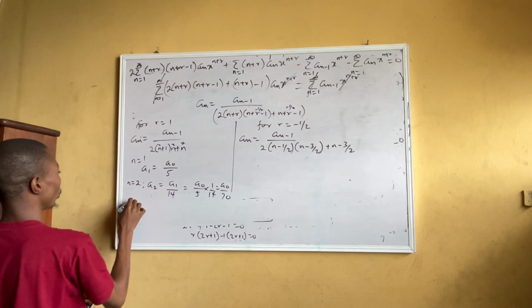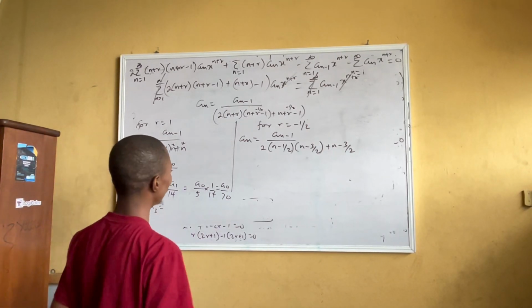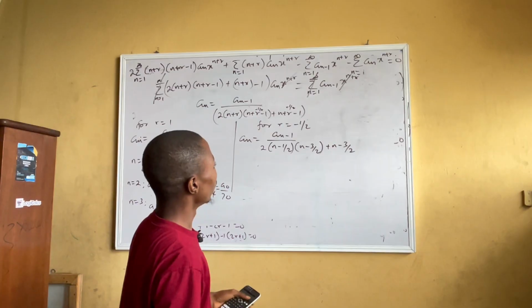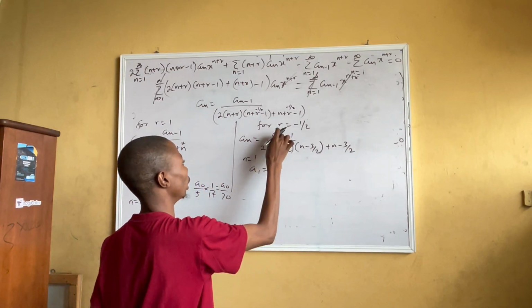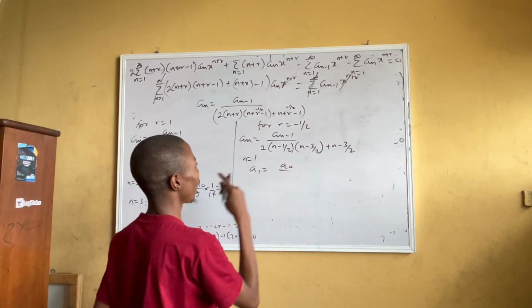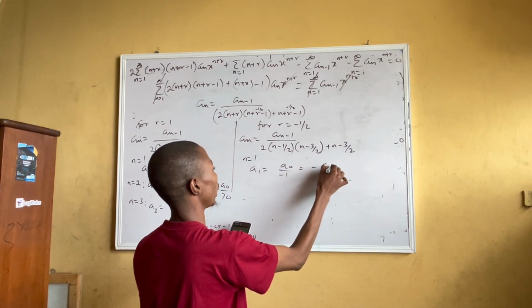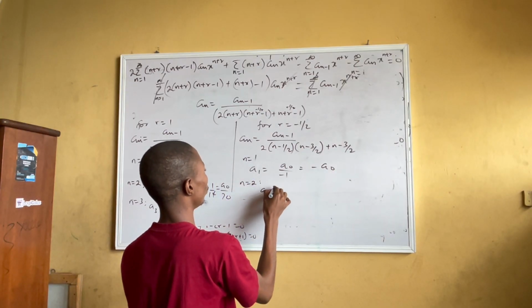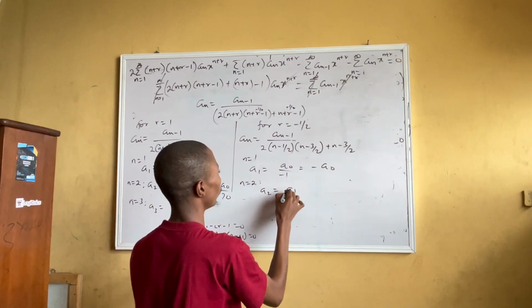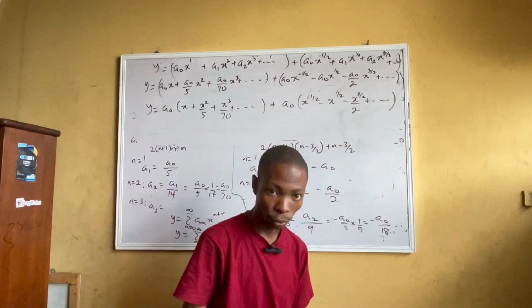You can do it for n equals 3. That would be a3 equals, well, you two should do that one. Press the calculator, you get it. Now, start for n equals 1. What is a1? a0 over, now if n is 1, everybody here is minus 1. That is minus a0. Then for n equals 2, a2 equals, put 2 here, a1 over, put 2 in all of 2 minus a0.